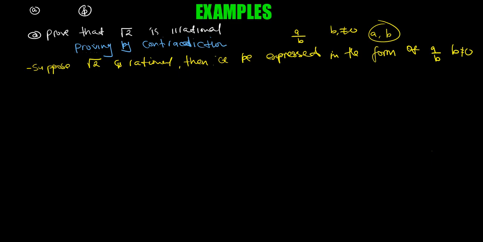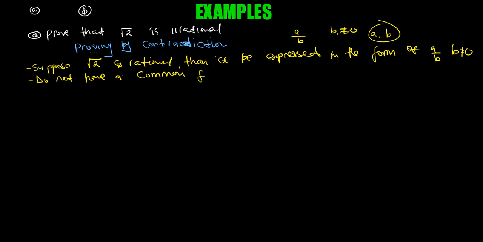And a and b do not have a common factor. So these two in their ratio form do not have a common factor.